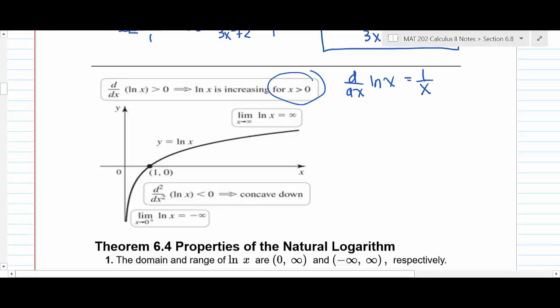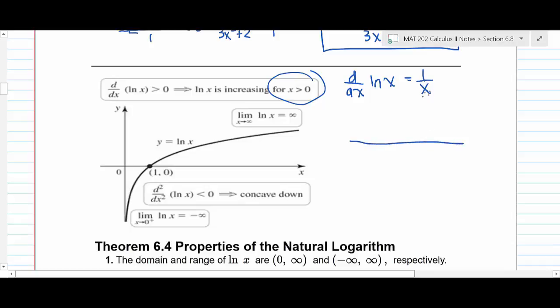The way you learned in Calc 1 to tell if something's increasing or decreasing is to see where the derivative is positive or negative. Derivative is positive, what is the function doing? Increasing. Derivative is negative, what's the function doing? Decreasing. So you could analyze this with a real simple sign chart.